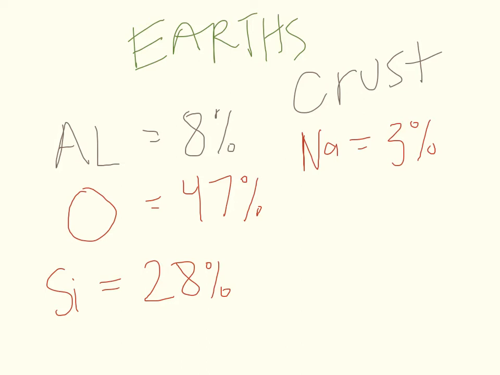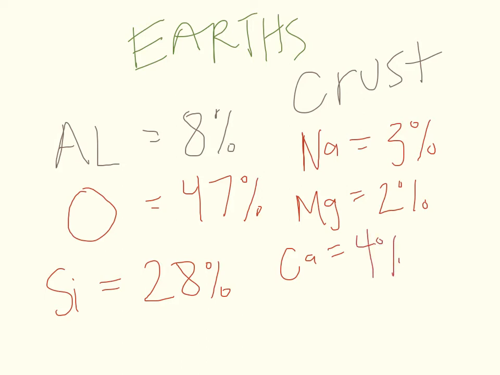Moving on, we're going to skip chlorine because there's no chlorine in the Earth's crust, but there is magnesium and calcium. Magnesium has about 2% in the Earth's crust, and calcium, I believe that's Ca, has about 4%.